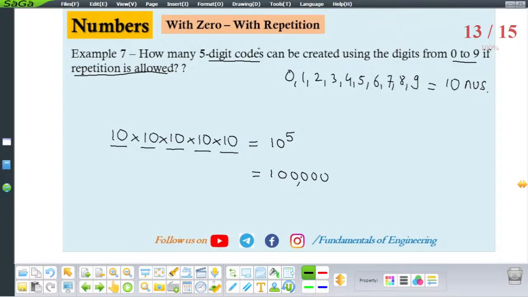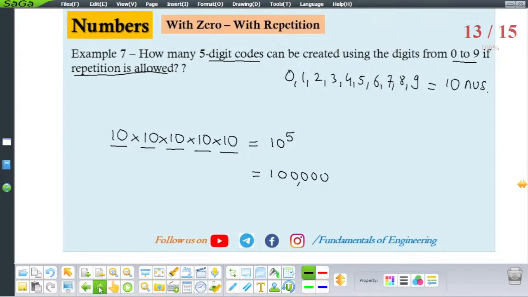Here it is not numbers, we have to form codes, and whenever you find a code, 0 can come at the first position. So you have to understand the example very effectively, and based on that you will get your answer. So 1 lakh possible 5-digit codes can be formed.